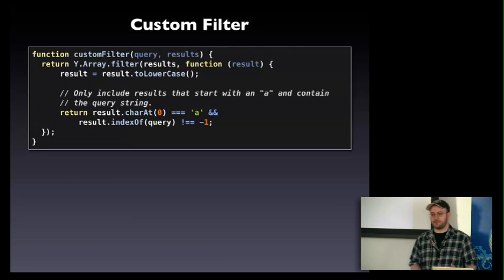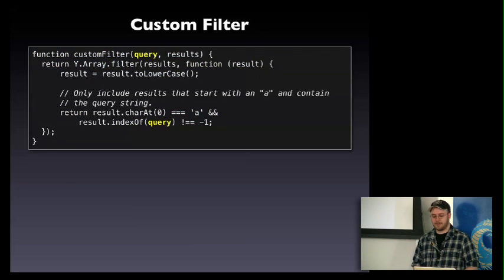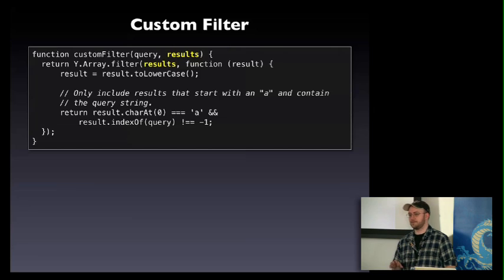So if that's not enough for you, you can provide a custom filter, which is just a function that accepts a query as the first parameter and an array of results as the second parameter. And then you define whatever logic happens inside of this, and you return a filtered array of results. In this case, I'm just going to be passing my result array to y.array.filter, and it's going to walk through the array, and for each item in the array, it's going to call my function, pass in the result that I'm filtering, and I can just do some arbitrary logic here.